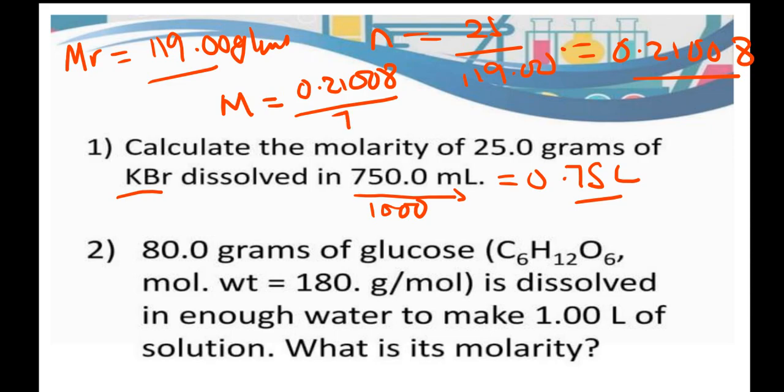So let's do that. 0.21008 divided by 0.75. So we are going to get our molarity approximately 0.28, just to two decimal places, moles per liter. So it's very simple.